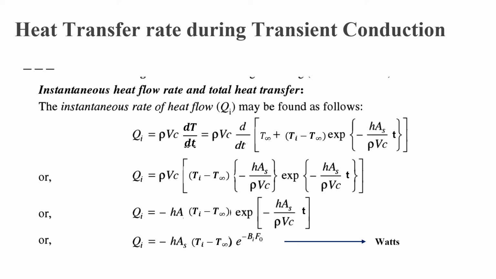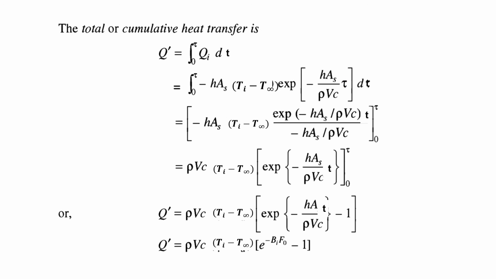Very important, its unit is watt. Similarly, the total heat transfer, from 0 to t how much, I can now find out by integrating the instantaneous heat transfer from 0 to t. Substitute the Qi value here. Now all these terms are constant, and you only have to integrate the time variable. Integration of e power minus mx is e power minus mx by minus m, that is what we get here.